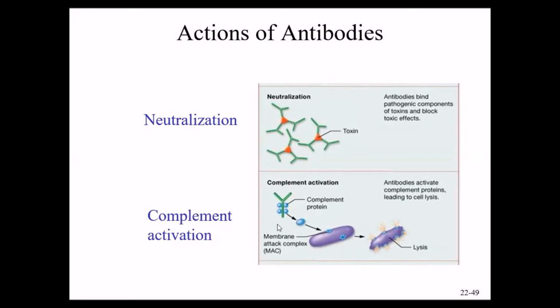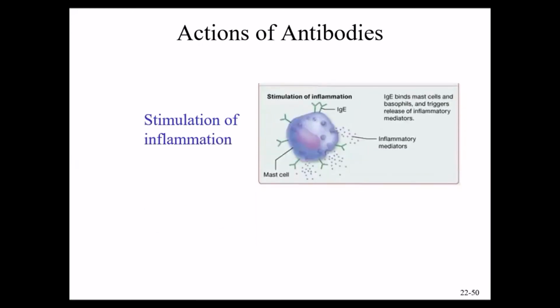Remember, those complement proteins, part of the innate system, are usually inactivated until they're turned on. Here the IgG antibody actually stimulates and activates the complement to begin its process.